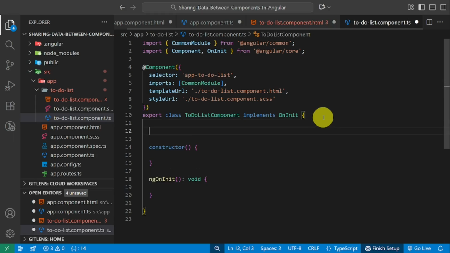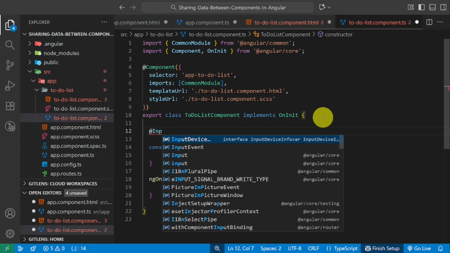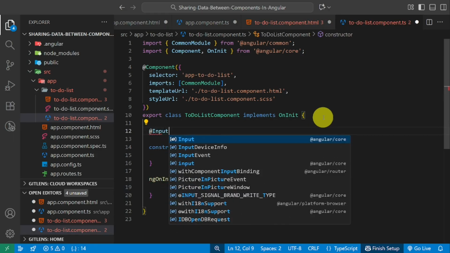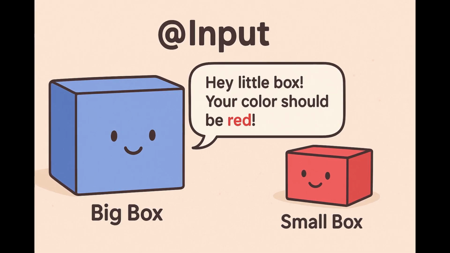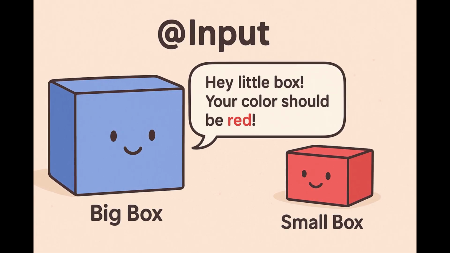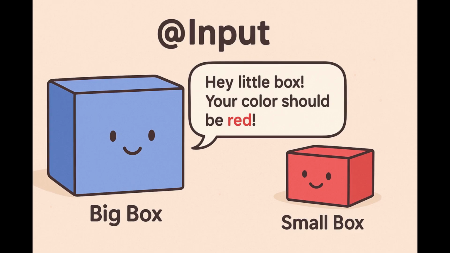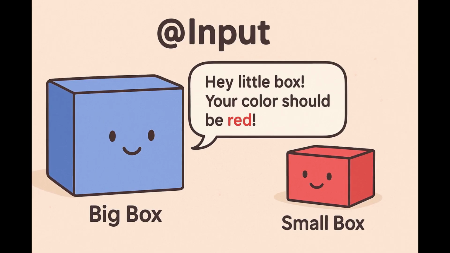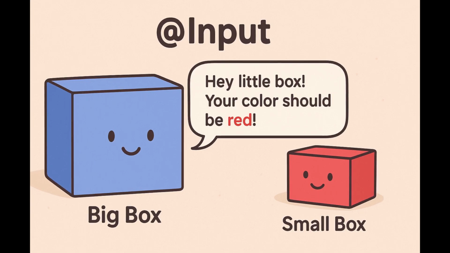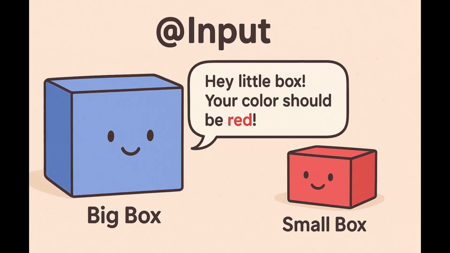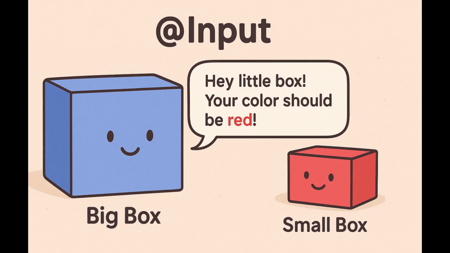The solution is @Input. But what is @Input? Imagine this. You have two boxes, a big box that's a parent, and a small box or child inside it. Now the big box wants to tell the small box something like, hey little box, your color should be red.